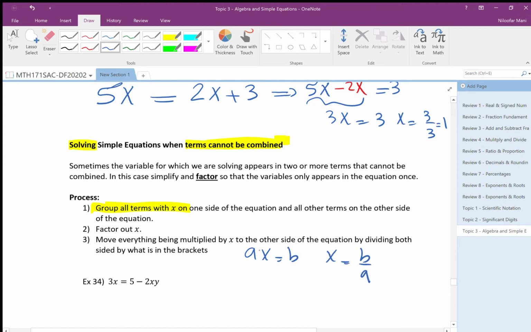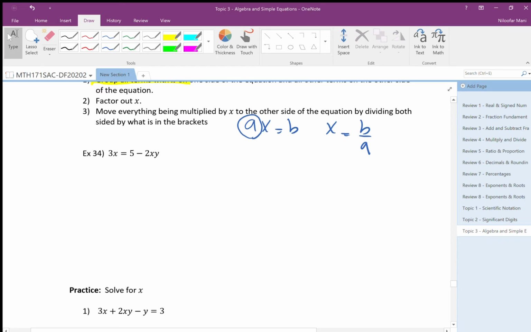Maybe a is a bracket with several terms inside. Maybe b is a bracket with several terms inside. But it doesn't matter. When I want to solve for x, I group all x on one side, everything else on the other side. I factor x, and then I isolate it by division: the right side divided by the thing beside x that is bothering me, because I want to see x alone.